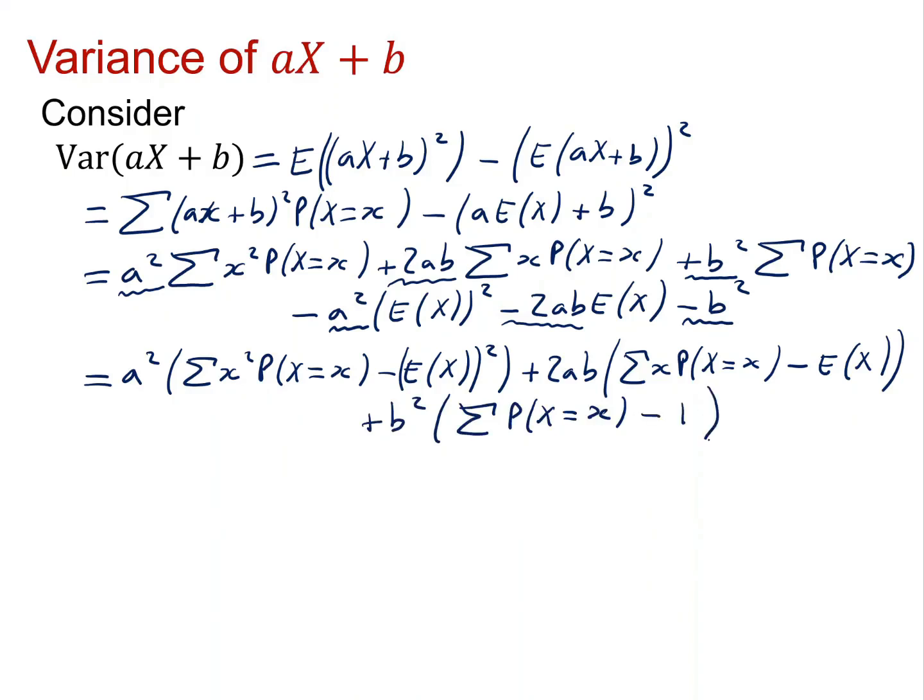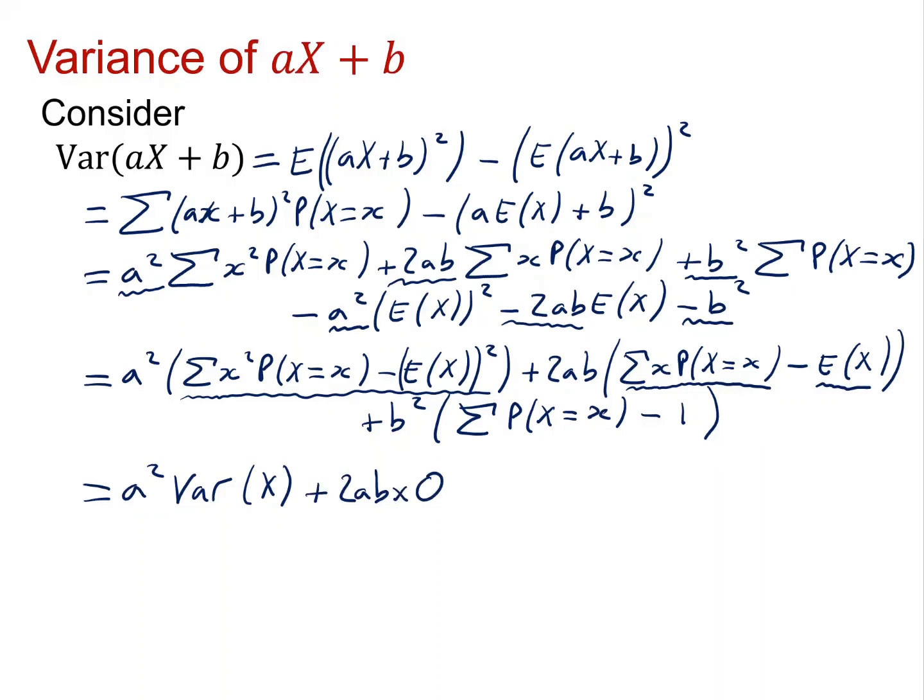Now we should recognise what is in there, because that is simply a squared times the variance of X. We should recognise what is in here, because that is the expected value of X. So then if we subtract the expected value of X, our 2ab term is simply going to be multiplied by 0.